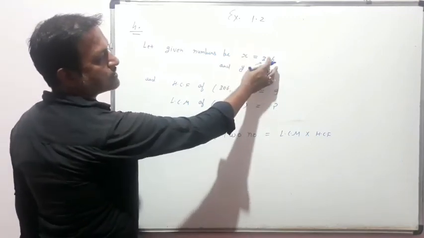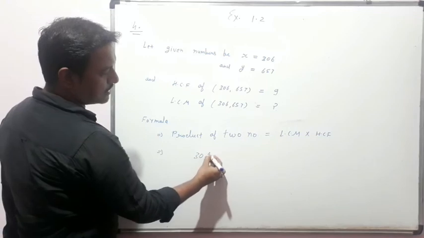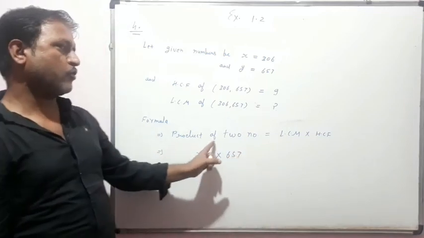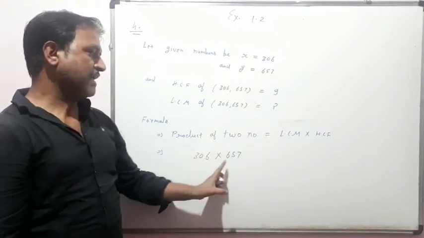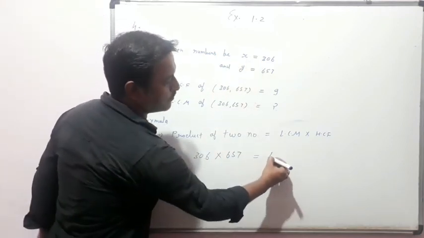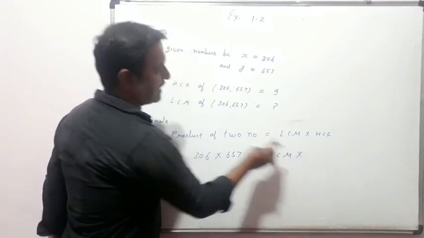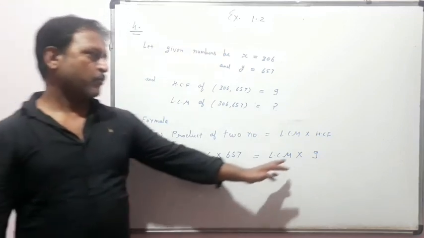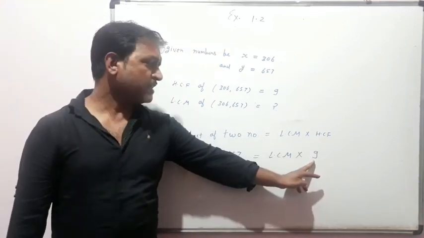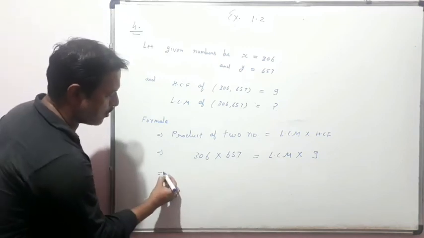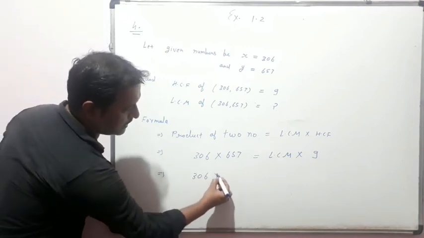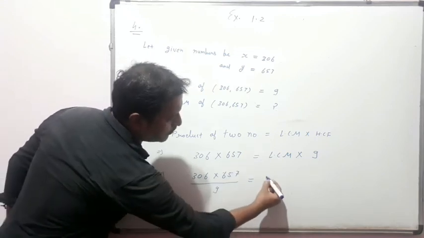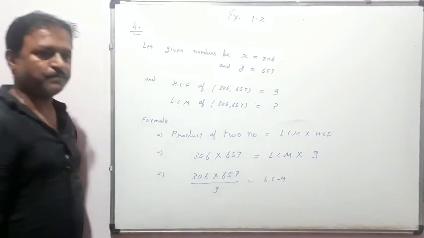What are your two numbers? 306 into 657. The product of these two numbers will be 306 and 657. LCM, we have to find LCM, and HCF is given as how much? 9. So put the value of HCF 9. Changing sides of 9, you get 306 into 657 by 9 is equal to what? LCM.